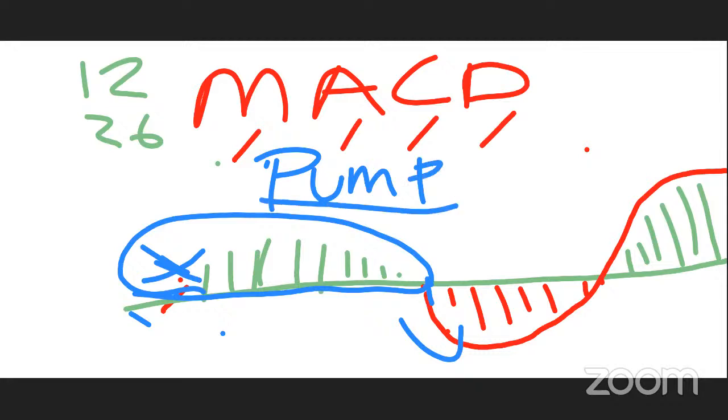And once the crossover happens facing down, in the red histogram area, the coin is going to go down. Once it crosses from here facing down, the coin is going to dump. Once it crosses from above, the coin is going to do very well.